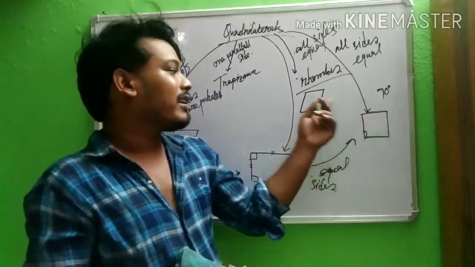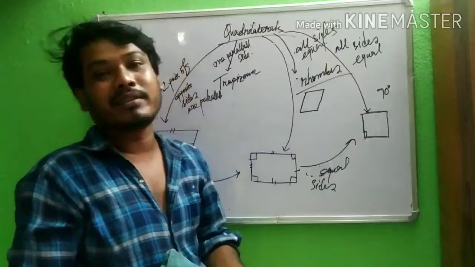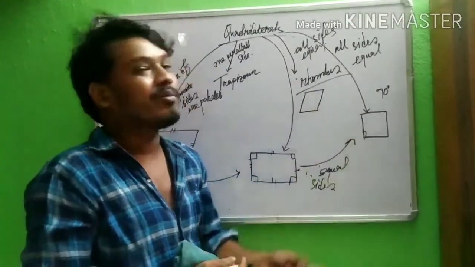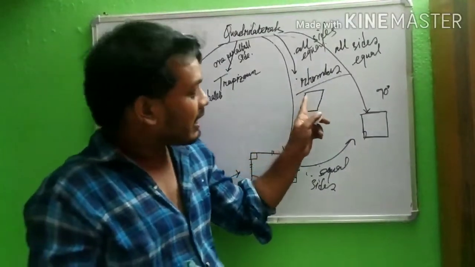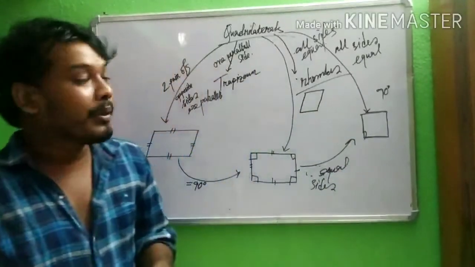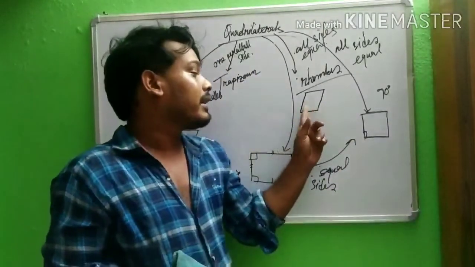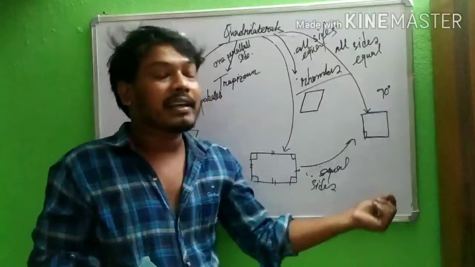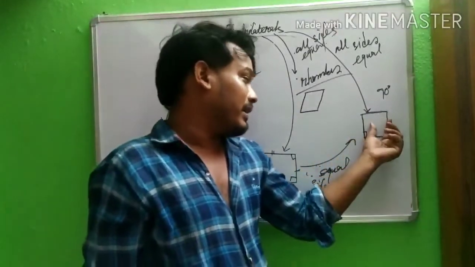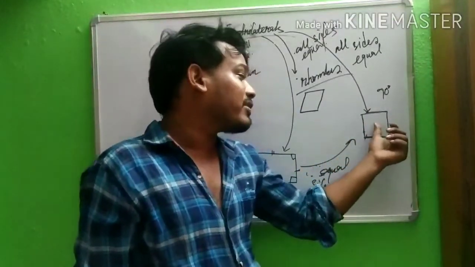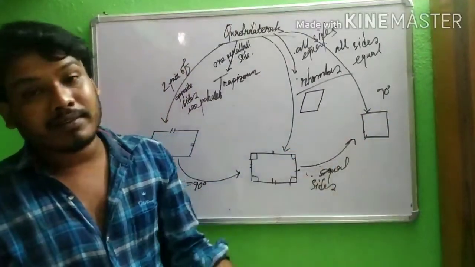So a square is also a rhombus. You can think of a square as a rhombus, but you cannot think of a rhombus as a square, because in the case of a rhombus the angles may not be 90. In the definition of a square the angles must be 90 degrees.